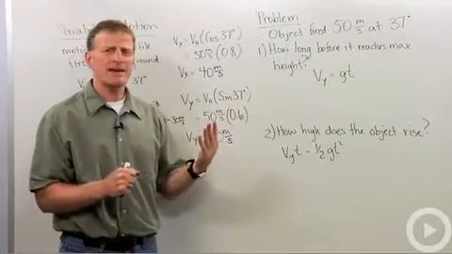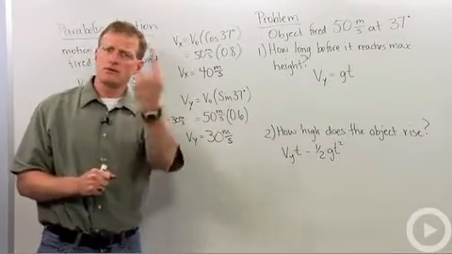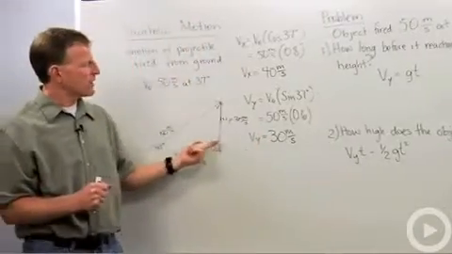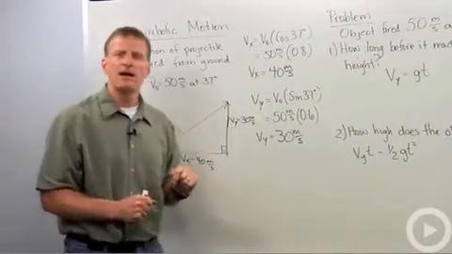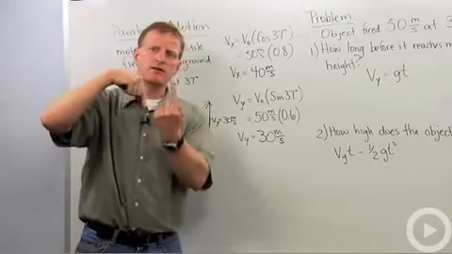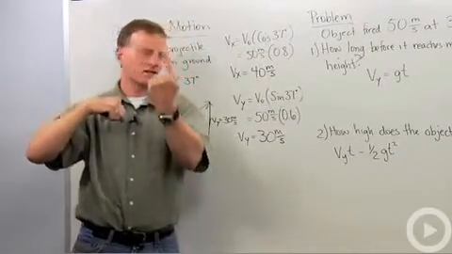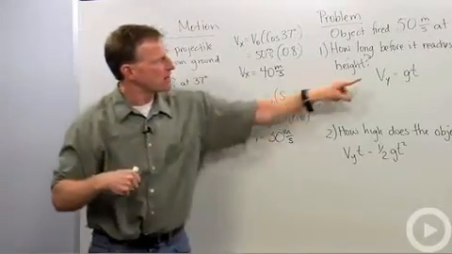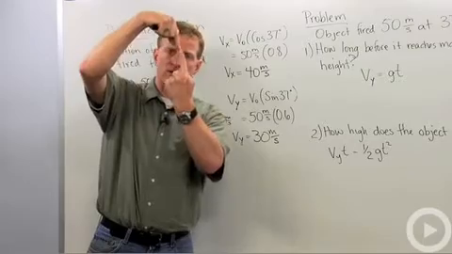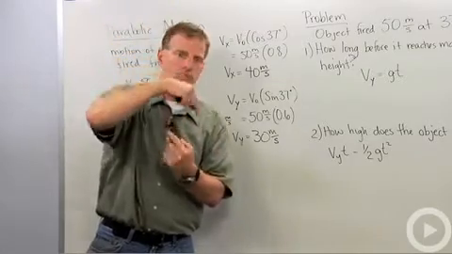Well, in that case, I'm looking at those velocities that are causing it to go up, which is my y velocity, 30 meters per second, and a velocity which is going to cause it to go back down. And I know it's going to stop moving up when that velocity, 30 meters per second, equals the velocity due to gravity. At that point, it'll stop moving up and it'll start moving back down.